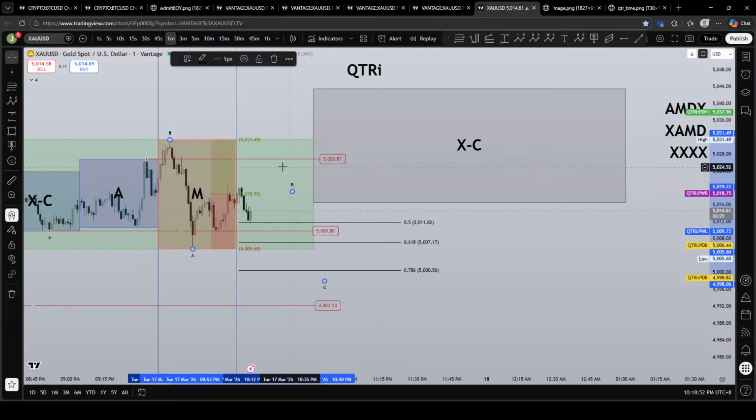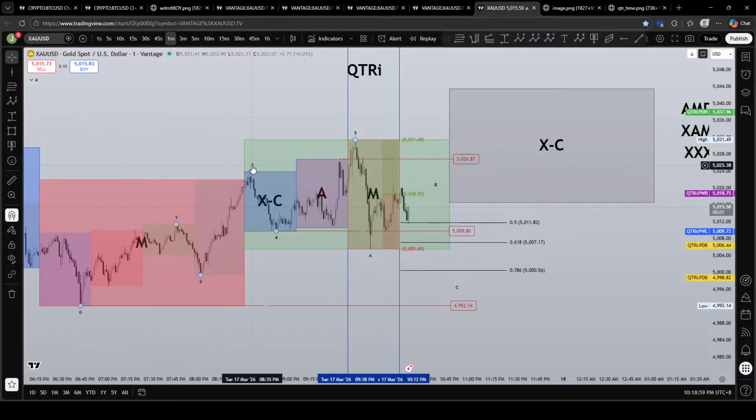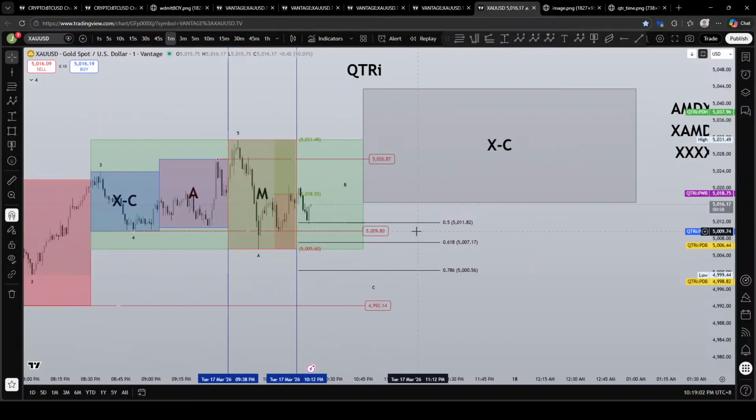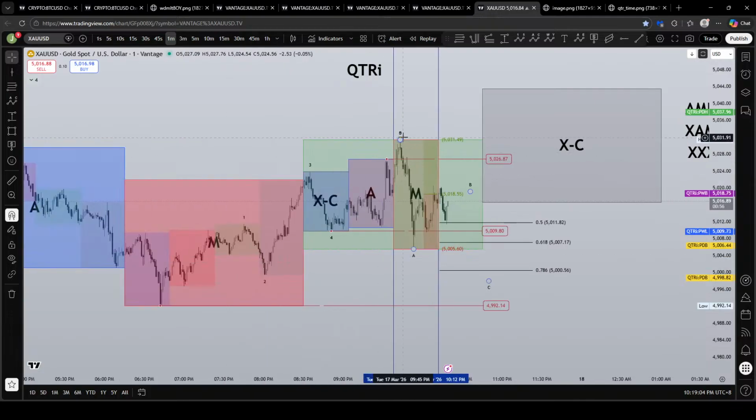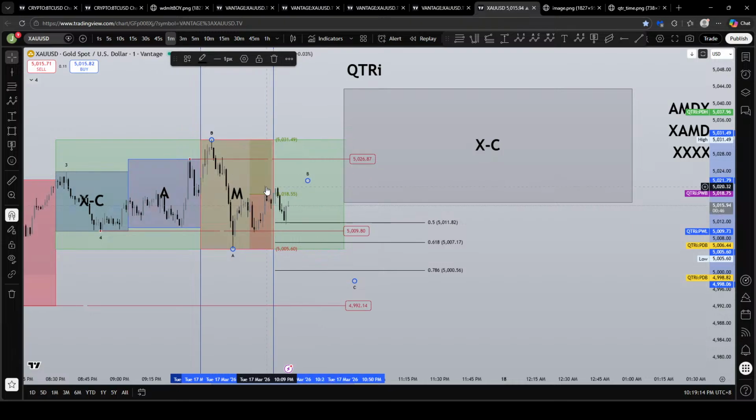However, what's quite obvious now is that the corrective structure after the 5 waves up can be considered as a zigzag, if it will not create a high here anymore, because we already have the wave A, B, C, and then B can be plotted here.